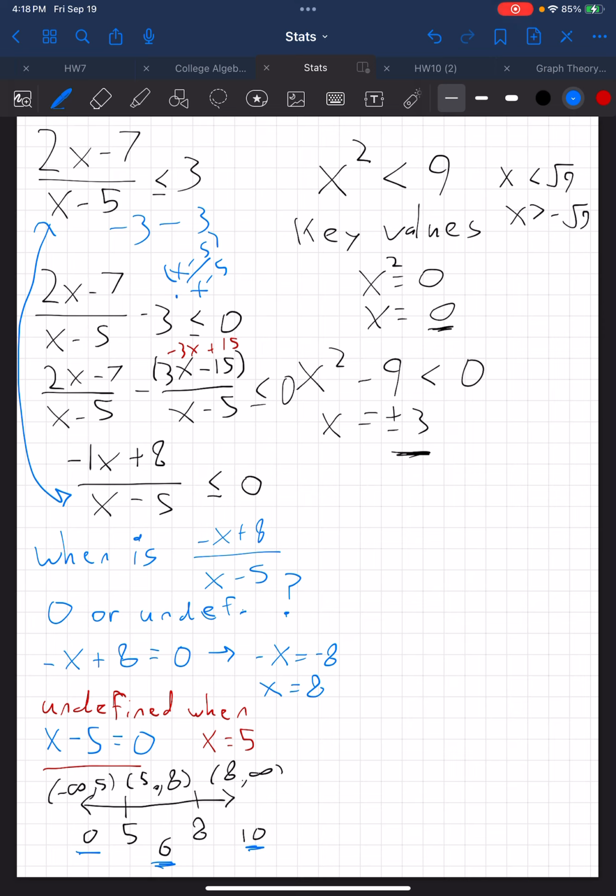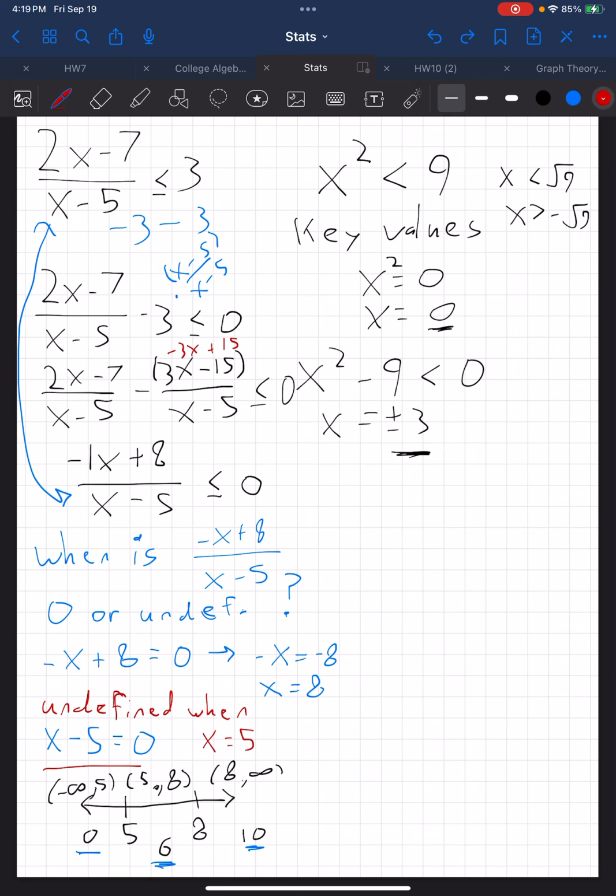The thing that was catching us before is that I need to find my key values, specifically when it's set up like this with 0 on the right-hand side. So we can plug these values into either expression to test them. I'll do the second one since that one's 0 on the right-hand side, so maybe easier to compare.